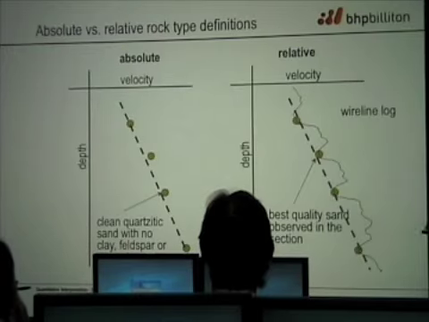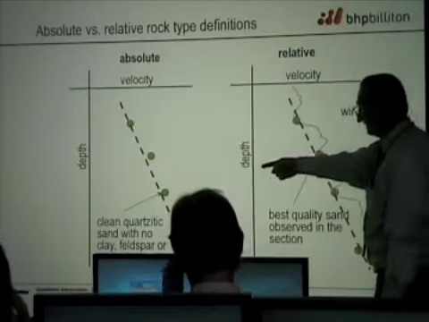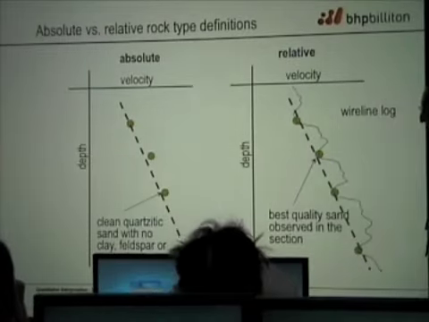There's less than 5% feldspar or clay or whatever it is. There's no pollutants, no nothing. I know what that rock is mineralogically. I know what it means. I'm going to trend that for my clean end member cores.